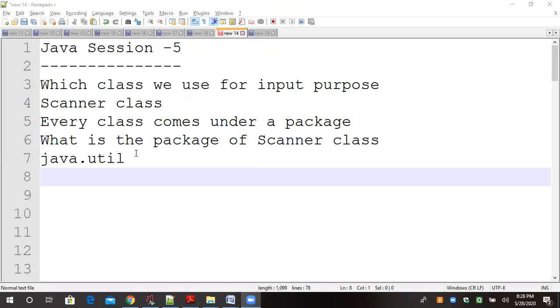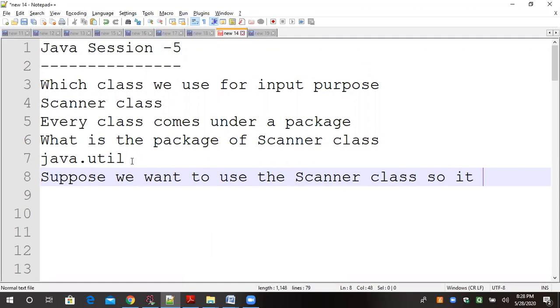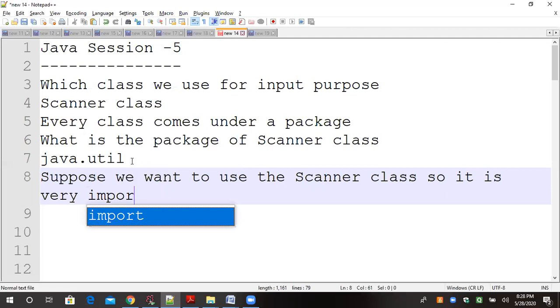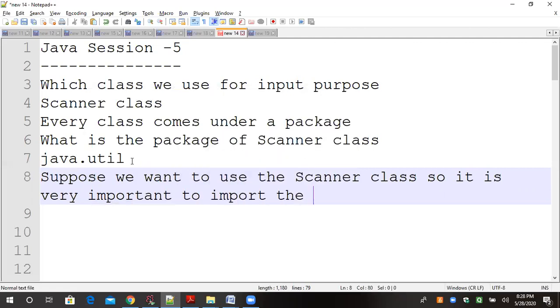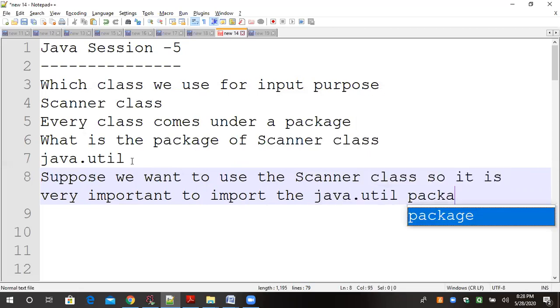Suppose we want to use the Scanner class, then it is very important to import the java.util package. Otherwise, we cannot use the Scanner class. These are all things we have already discussed, just for a revision of 1 minute.